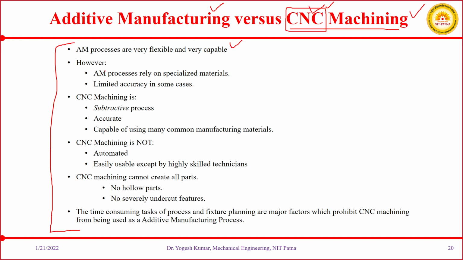There are certain limitations related to AM processes, because they work especially for specialized materials. As I discussed in the previous lecture, we cannot use one printer for any material. The material that can be printed on a printer is pre-specified, and you can use only that type of material.